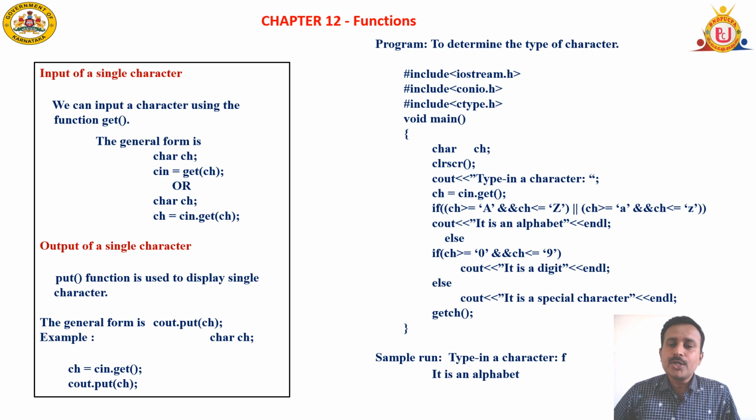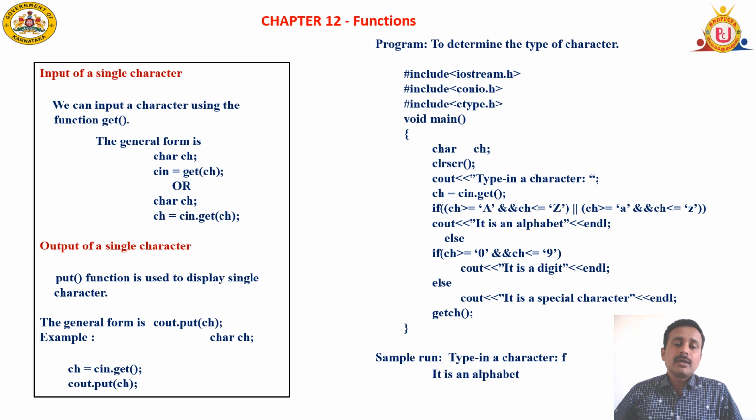I told you already, if we include iostream.h, some input output functions can be used. If I include conio.h, console input output header file, functions like clrscr and getch can be used. #include <ctype.h>: character handling functions, character library functions, character built-in functions.